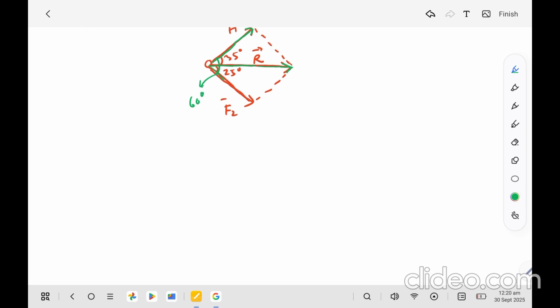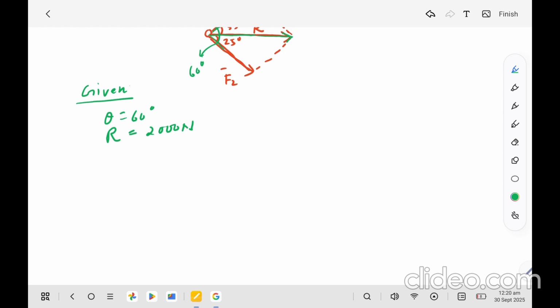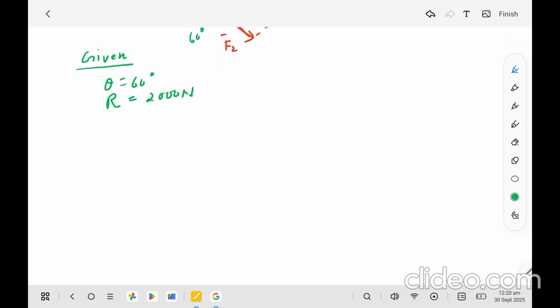Now let's check what are the given. So theta is given 60 degree. Magnitude of resultant force is given 200 Newton. Alpha is given, that is angle of R with F1.